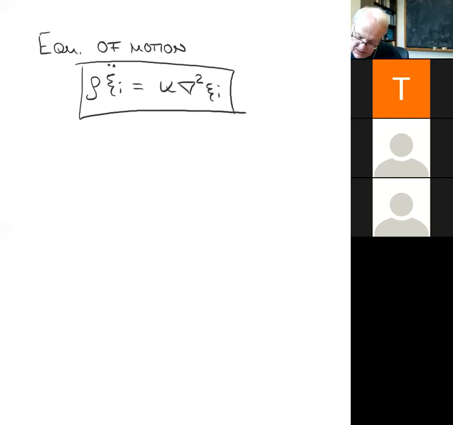So you can make an ansatz, which is that psi_i of x and t is of the form psi naught e to the minus i(omega t minus kx). And then you see that this will be a solution.